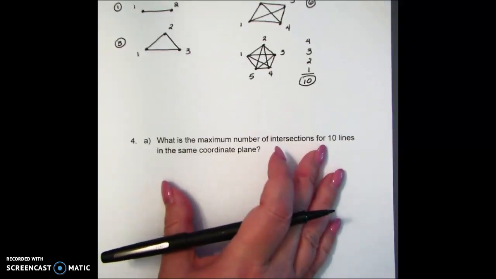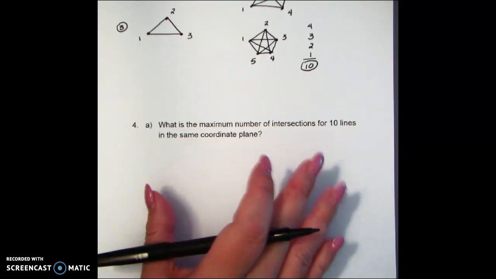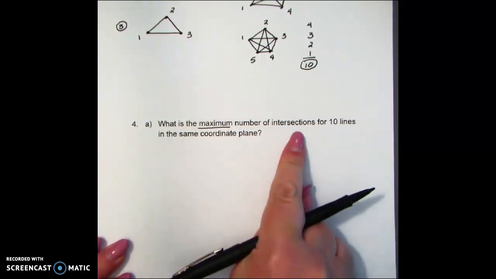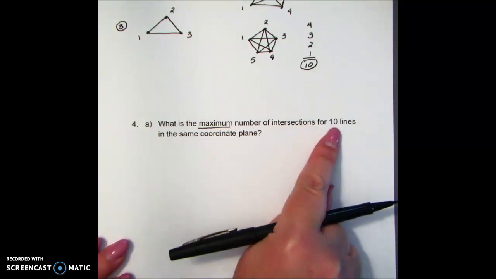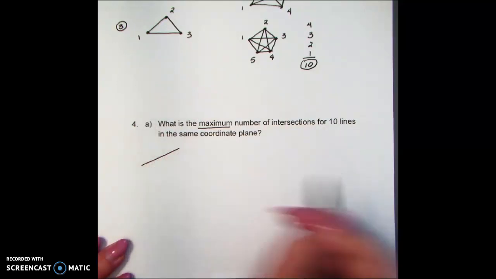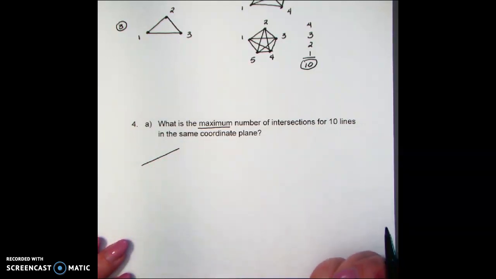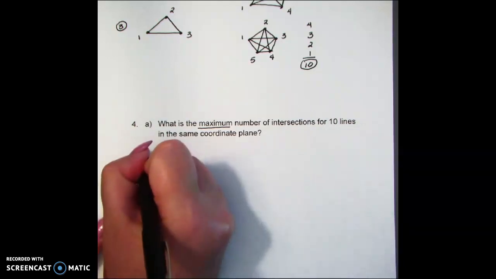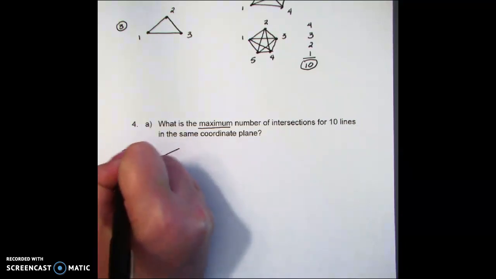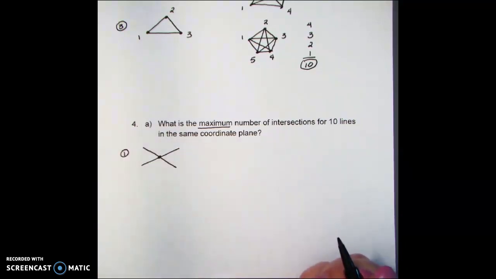So then the next question that was a little bit confusing to people was, what was the maximum? This is the important word, the maximum number of intersections for 10 lines. So we're obviously not going to start with 1 line because if we start with 1 line, it doesn't intersect anything. So if we start with 2 lines, do you see that there's exactly 1 intersection of 2 lines?